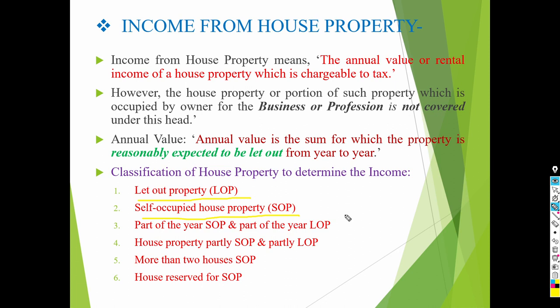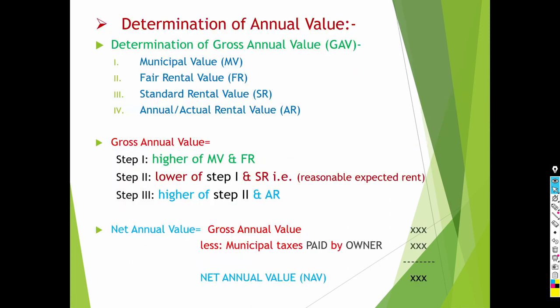Before that, in this video, at the time of computing income from let out house property, you have to determine annual value. To determine annual value, determination of gross annual value is the first stage.